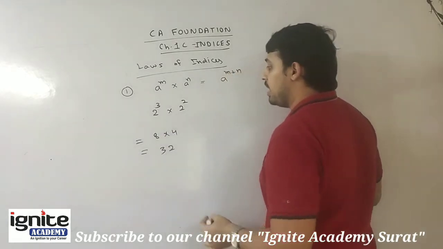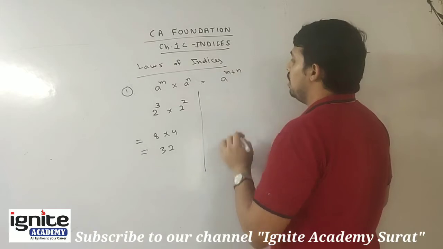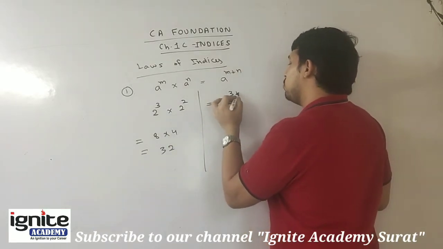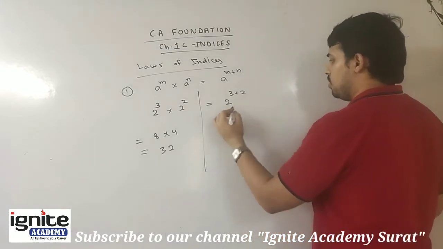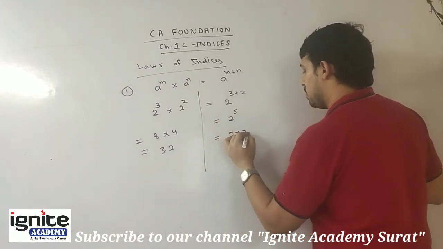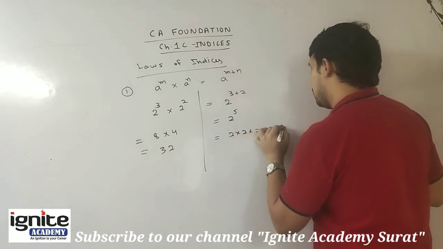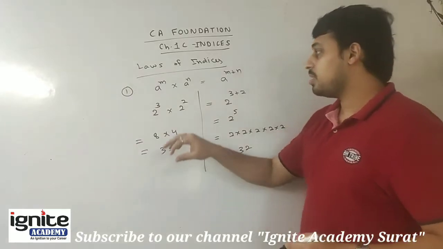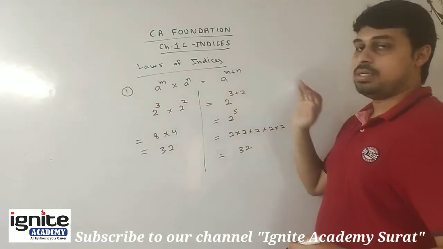How much is this? 32. That is the left hand side. Now they are saying this is equal to 2 raised to 3 plus 2, which is 2 raised to 5. Let us check what 2 raised to 5 is. This is also 32. Hence proved that this thing can be written as this.